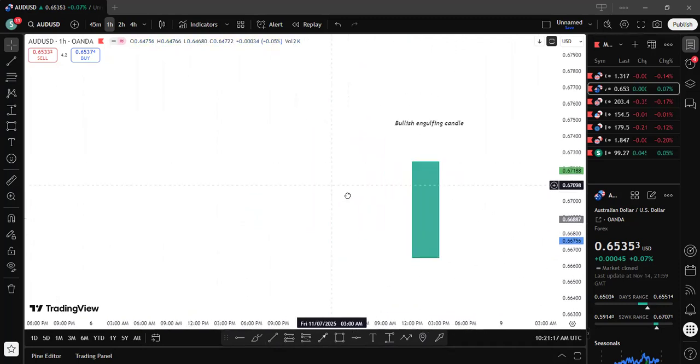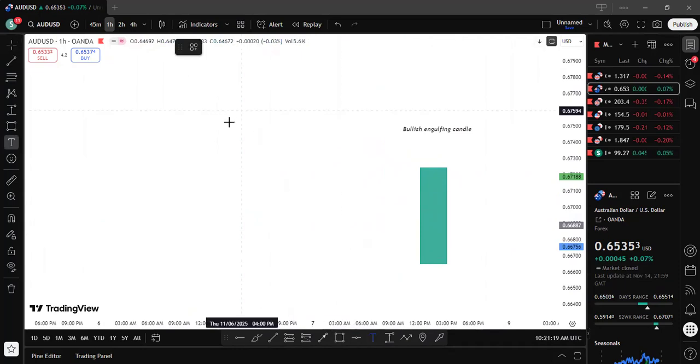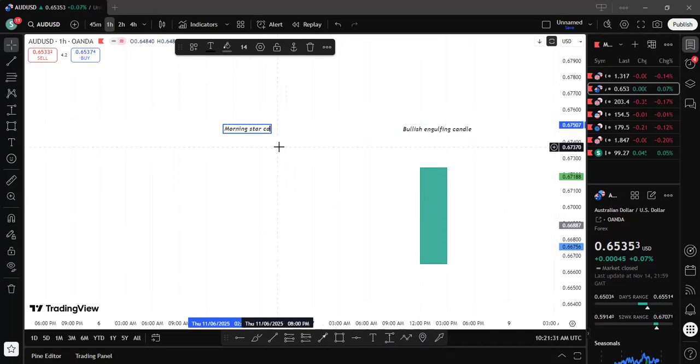Then the next candle I want to show you in the bullish bias, the third one which I use, is called a morning star candle. Very, very easy.